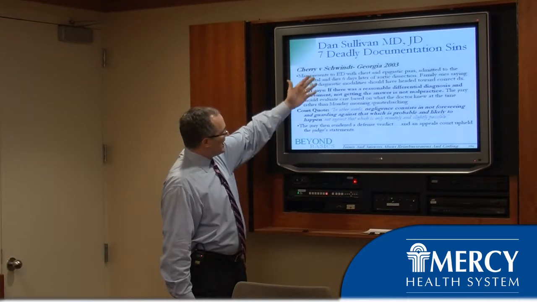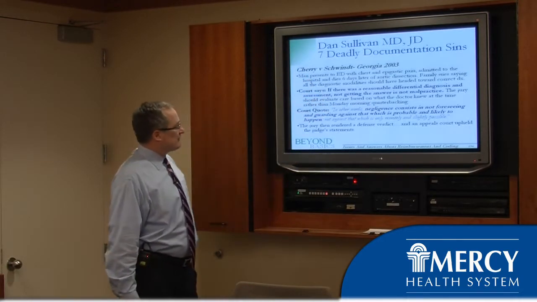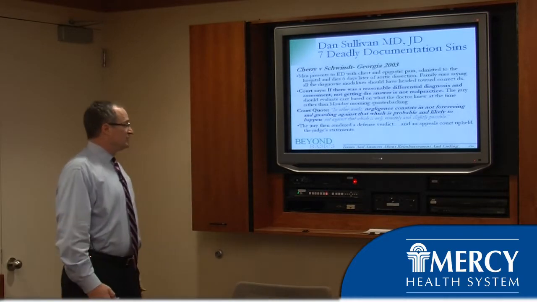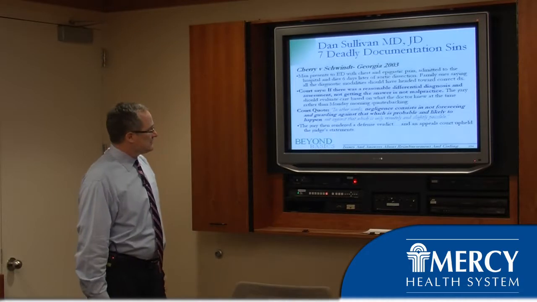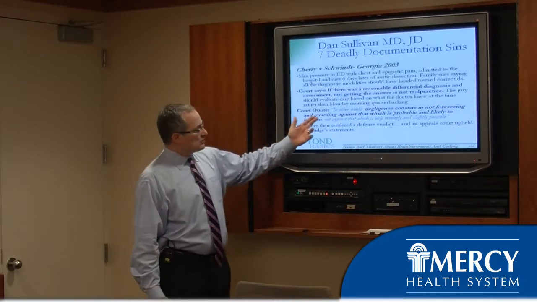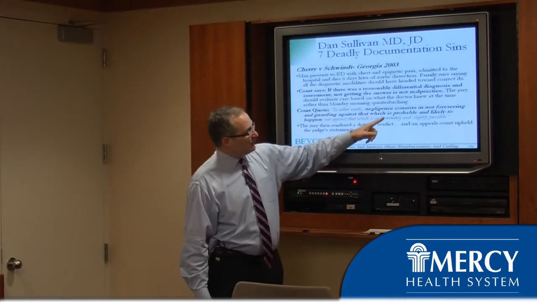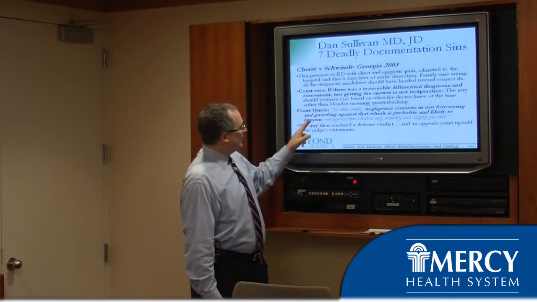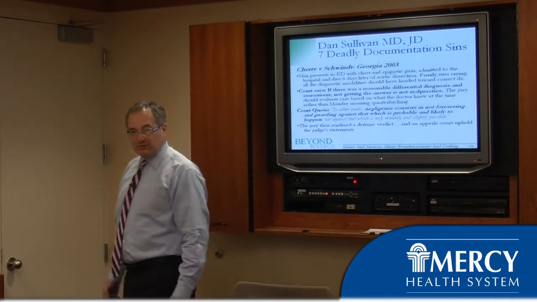So he gives this example, one court case where there was a reasonable differential diagnosis and assessment, and not getting the answer is not malpractice. The court says, in other words, negligence consists in not foreseeing and guarding against that which is probable and likely to happen, not against that which is remotely and slightly possible.